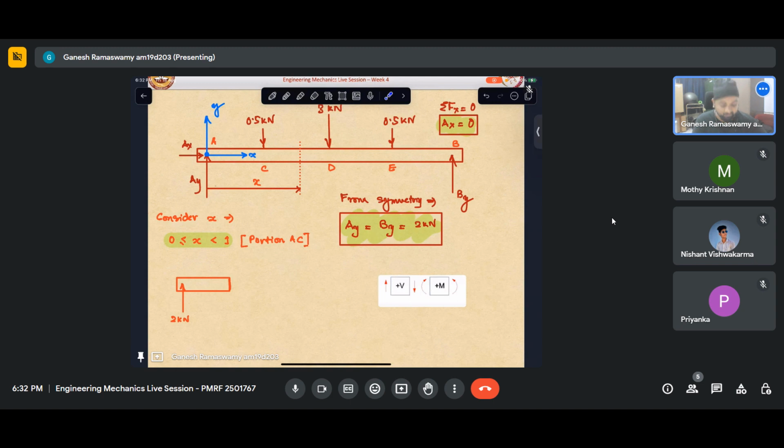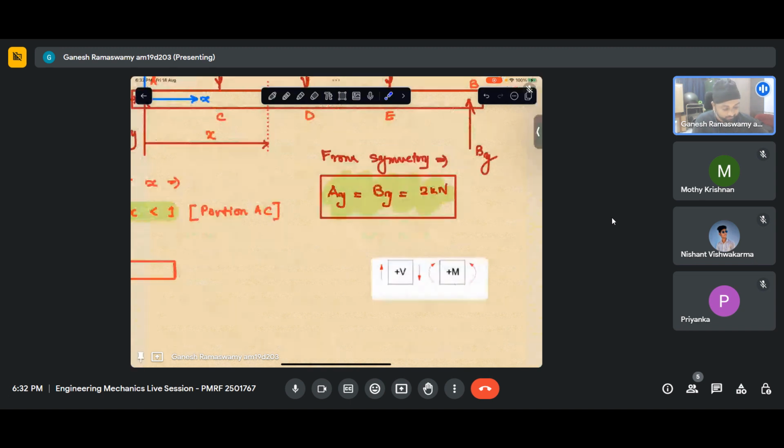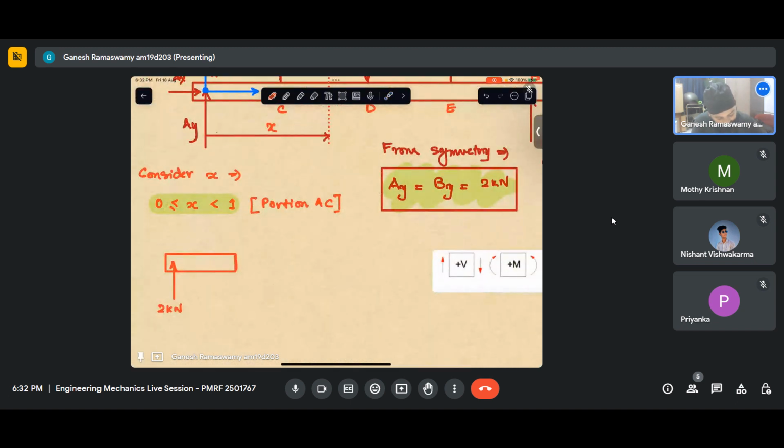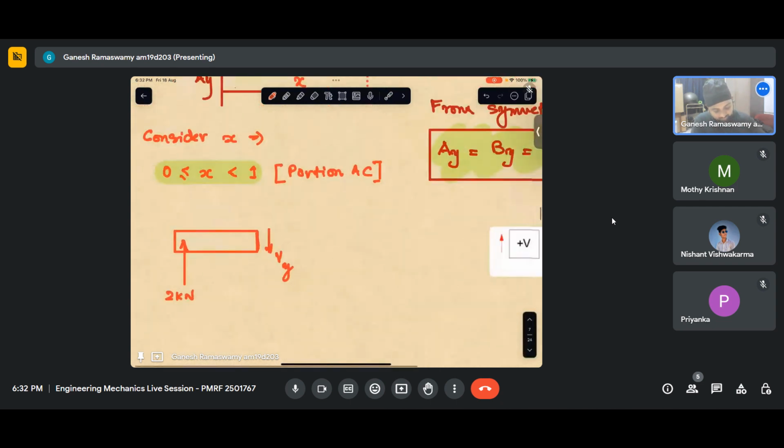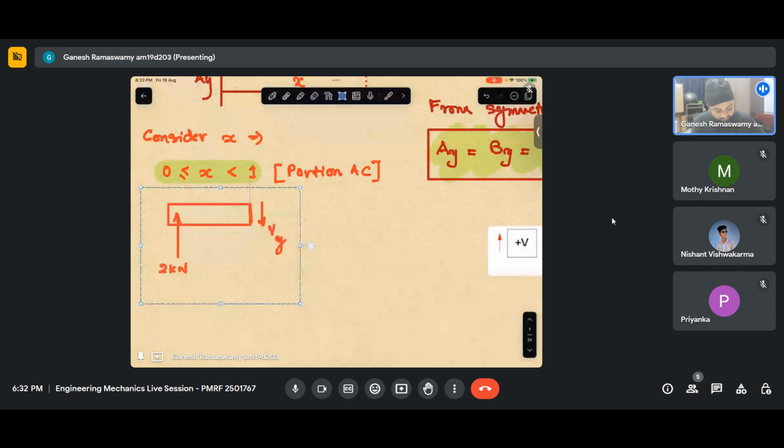So this is a positive surface. On a positive surface, I note that I have to put my shear force pointing in the downward direction. So I simply do this. I put a shear force there, label it Vy. Now my free body diagram is complete.